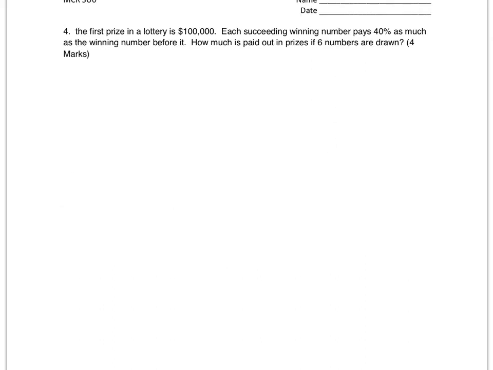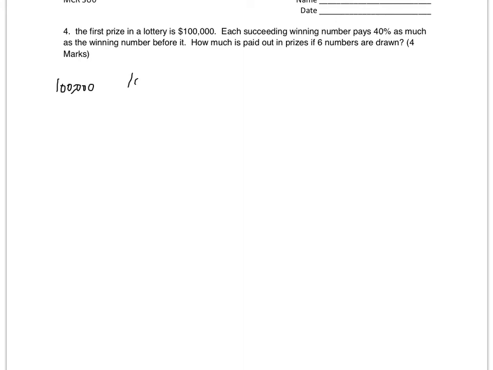The next question says, in a lottery, the first prize is 100,000, and every succeeding winning number is going to be paid 40% as much as the previous winning number. So this means that the first prize is 100,000.